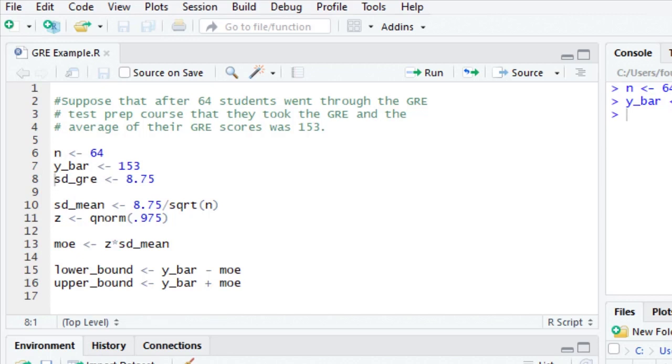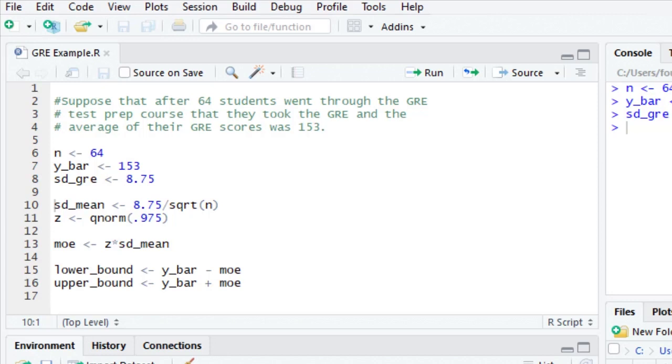I know enough about the GRE to know that the standard deviation of the GRE is 8.75. So I'm going to set the standard deviation, SD, of GRE to be 8.75. Those are the things we know, and with this, we can calculate a confidence interval.